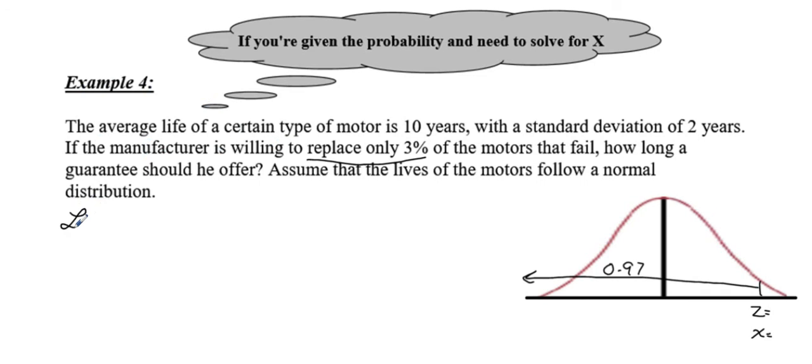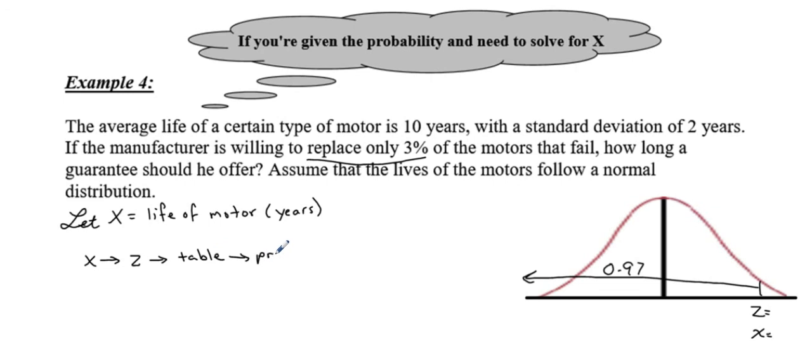So let's first let x equal the life of the motor, that is in years. And normally what we do is we take the value of x and we change it to a z-score, and then we take the z-score and look in the table. Then the number in the table gives us the probability.